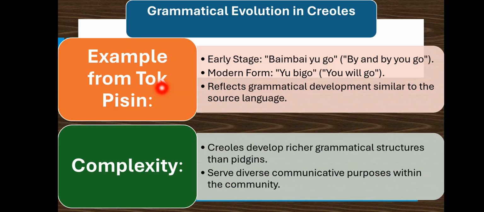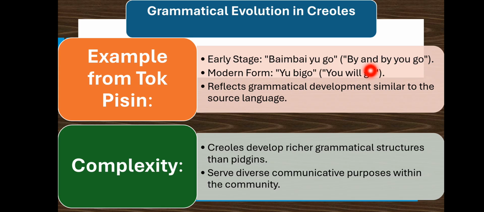Now, an example from Tok Pisin. In the early stage, we can see here "bai yu go", if I'm not mispronouncing, because I'm not an expert in this language. "Bai" has a little similarity with "by and by".